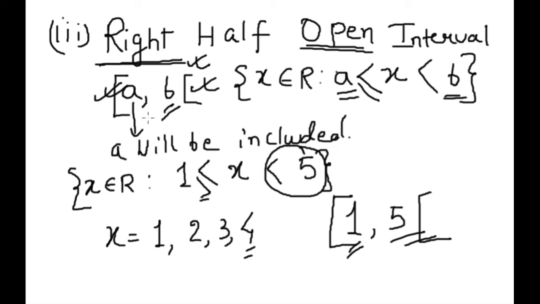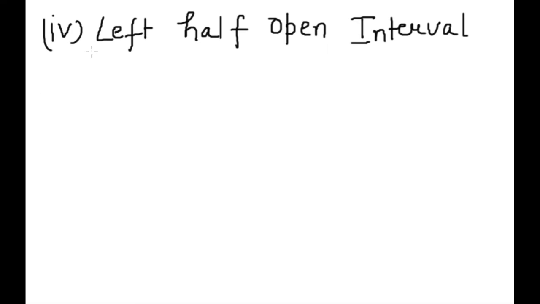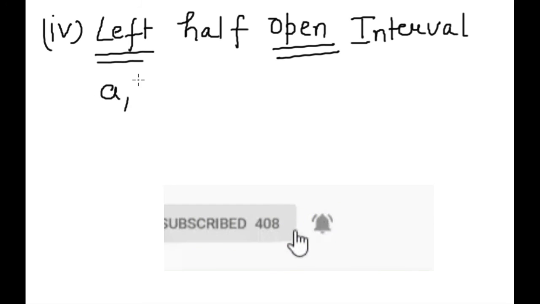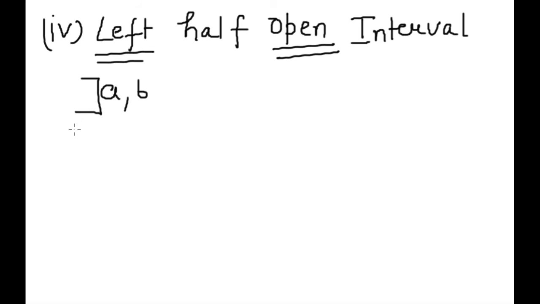Let's see the next interval. The fourth interval is the left half open interval. It means the left side will be open. Let's see a and b. The left side is a, so this will be open and the right side will be closed.